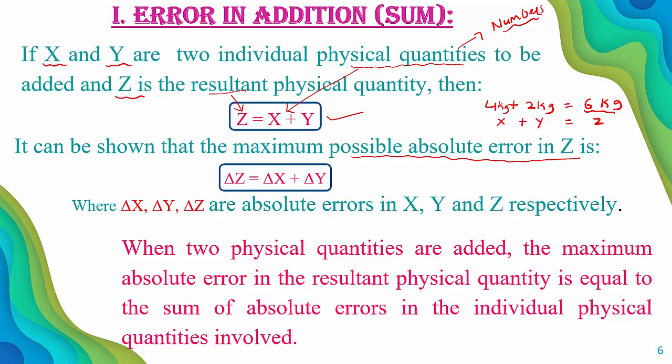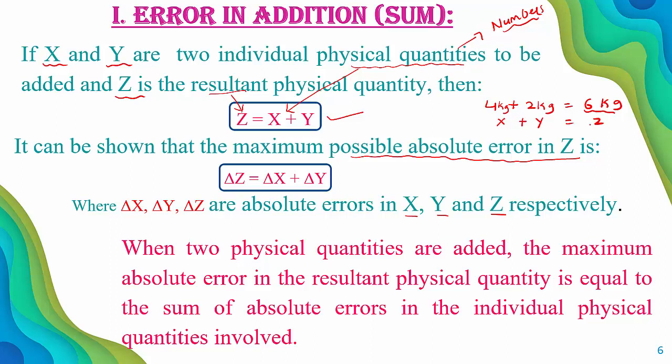Delta x, delta y and delta z are the maximum absolute errors in x, y and z. See here, 4 kg, 2 kg, 6 kg. What are these? The x, y and z values.